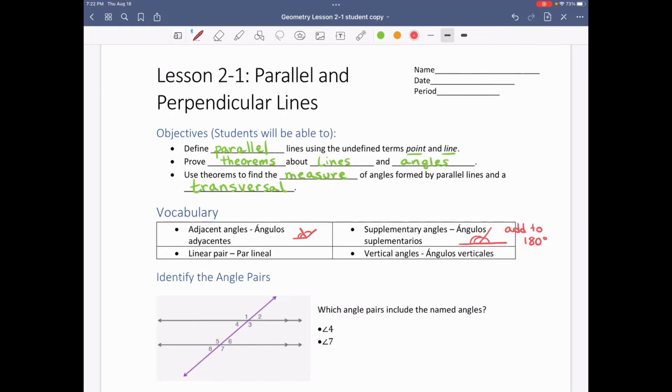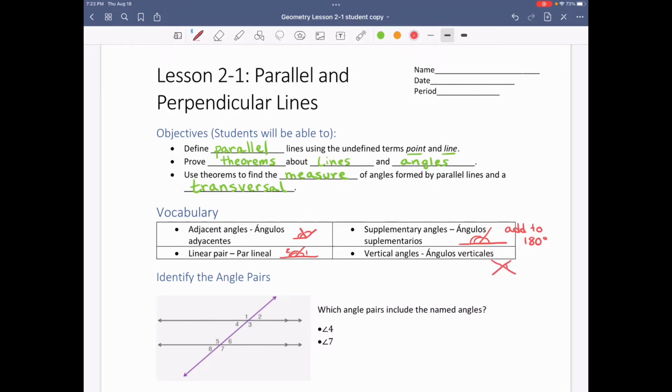A linear pair is similar to supplementary angles because they make a line. So that would be a linear pair, like angle 1, angle 2. Vertical angles are angles that are opposite of each other and they're equal.